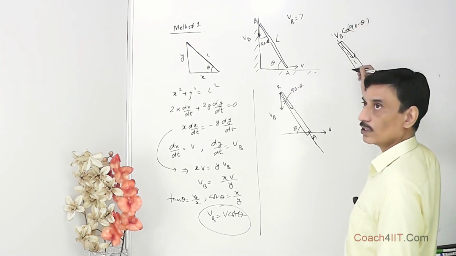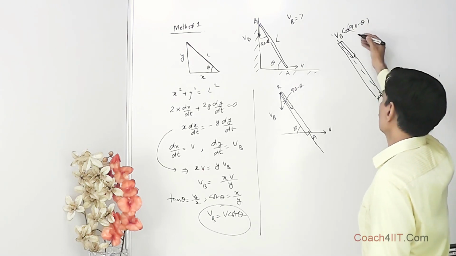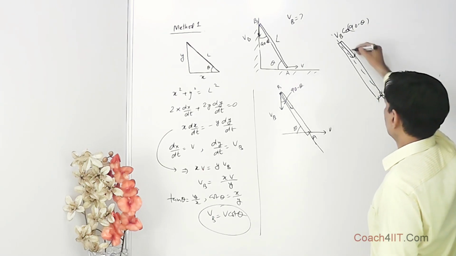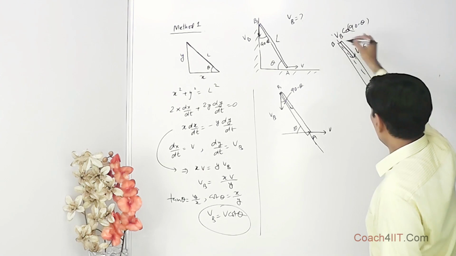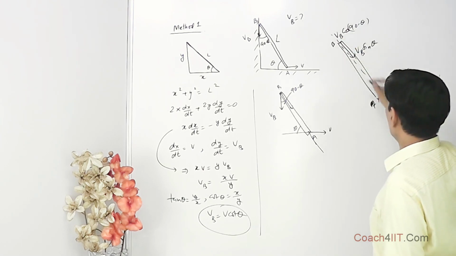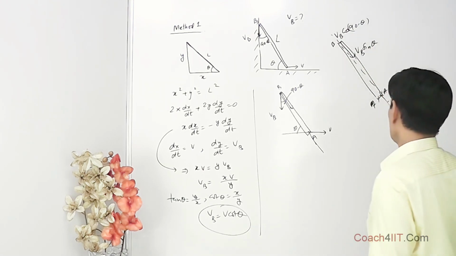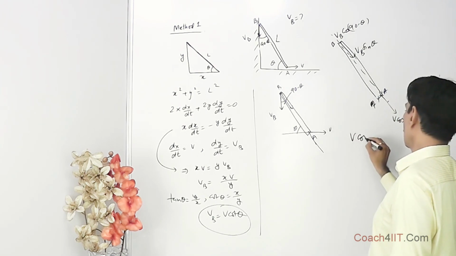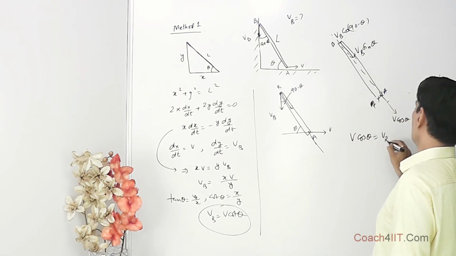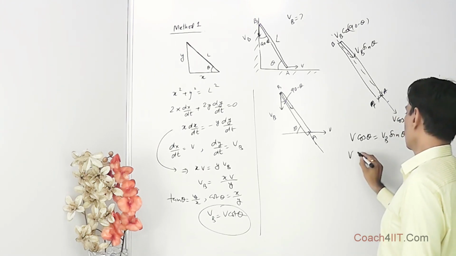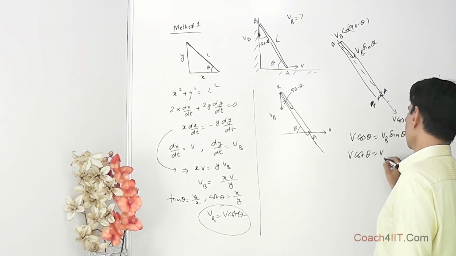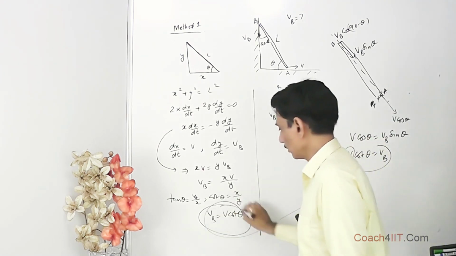Cos(90 minus theta) is sin theta, so this component is Vb sin theta. The relative velocity of B and A along this line is equal to 0, so V cos theta should be equal to Vb sin theta. So V cot theta is equal to Vb. We get the same answer.